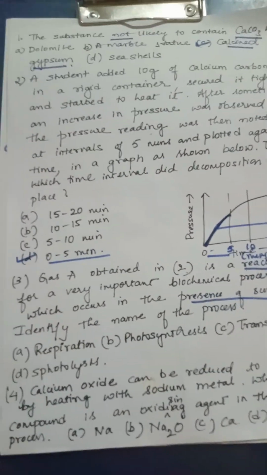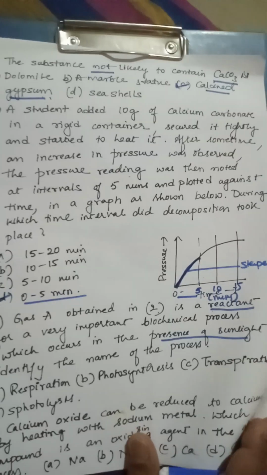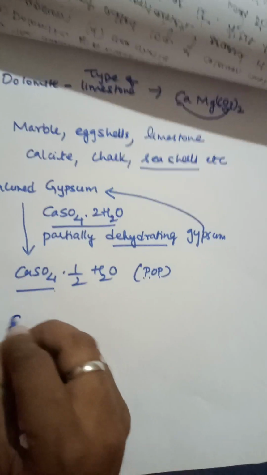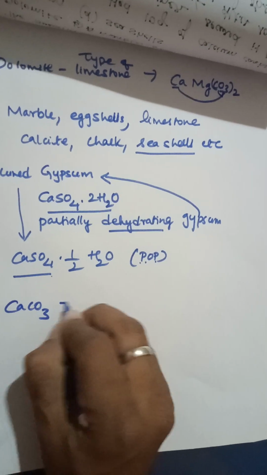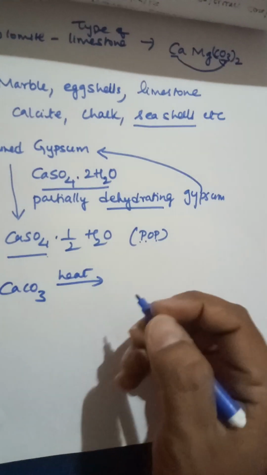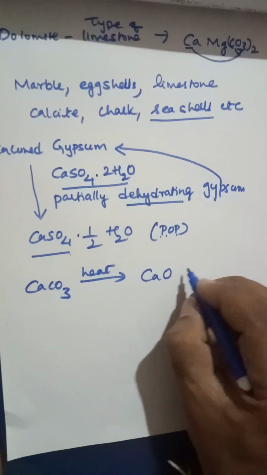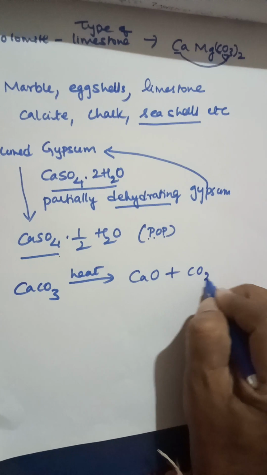First of all, let's identify what gas A is. In the previous question, what is done by the student? The student has heated calcium carbonate. When calcium carbonate is heated, it splits to form calcium oxide and carbon dioxide.